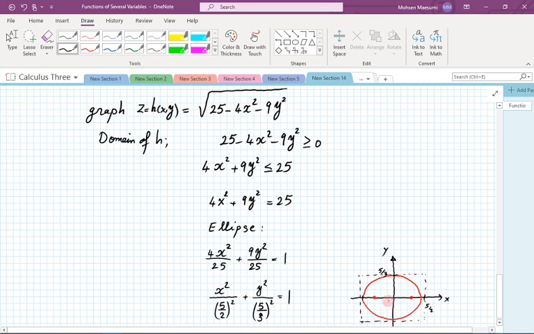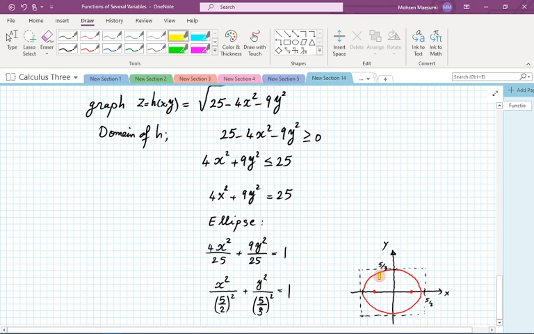Easy way to check is just pick a specific point and see if you are on the right side or not. So for example, if I put x and y equal to 0, that 0 is of course less than 25. So inside of this ellipse matches exactly where I want to be, and therefore interior of this ellipse is where the domain is. So the domain of this thing is this.